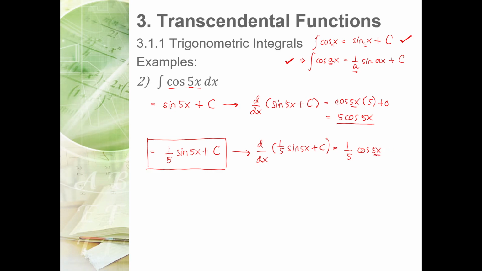Again, take the derivative of 5x, times 5 plus 0. So cancel out 5. What remains in your derivative is cosine 5x. So now this one is equivalent to the given equation, which means that our answer is now correct.